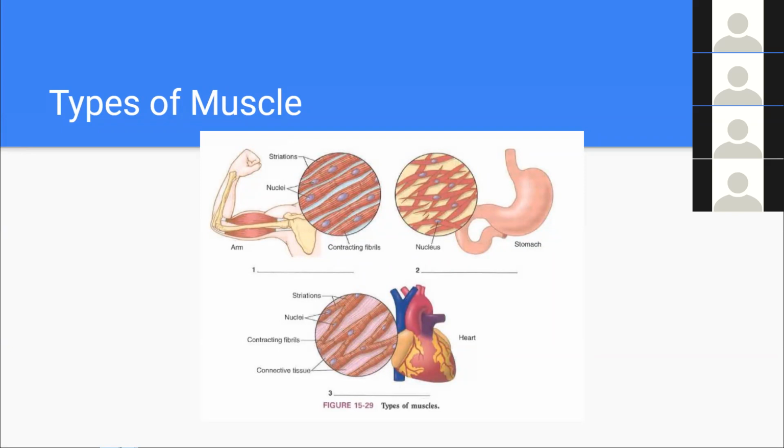Muscle type 3 there then would be what, Reagan? Cardiac. Cardiac muscle, okay? Cardiac muscle and smooth muscle are both involuntary, okay? Meaning I don't have to subconsciously think about beating my heart.